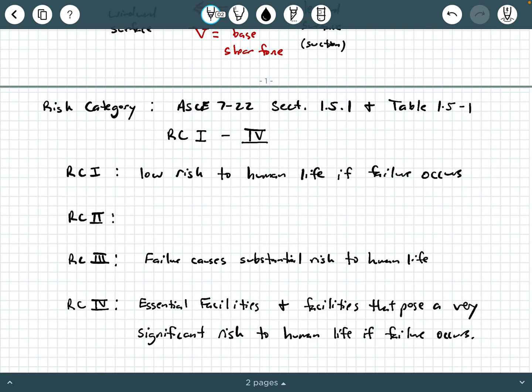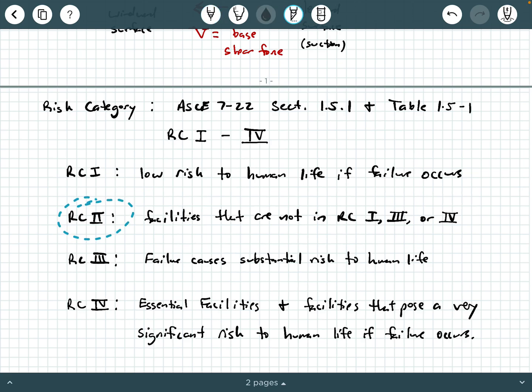RC2 are facilities that are not in RC1, 3, or 4. So I'll tell you this, most structures are RC2, okay? A lot of structures are considered RC2, okay?